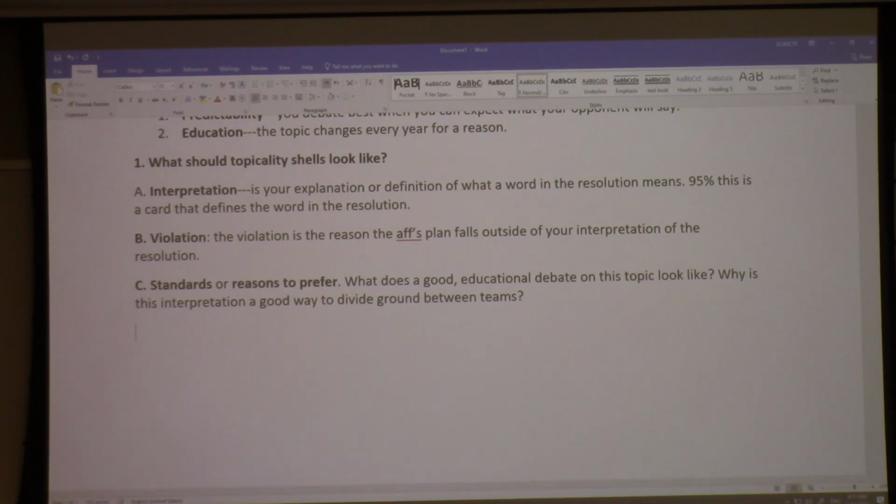So the two most important standards that you will see mentioned are predictability, similar to what we talked about above, and limits.